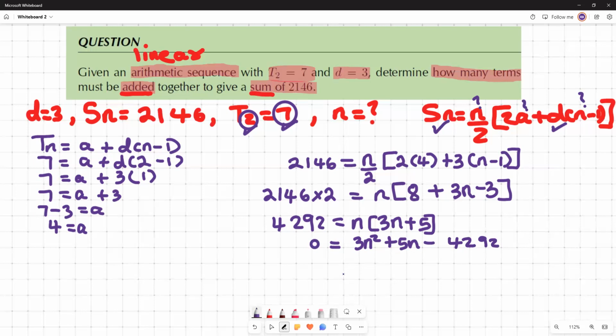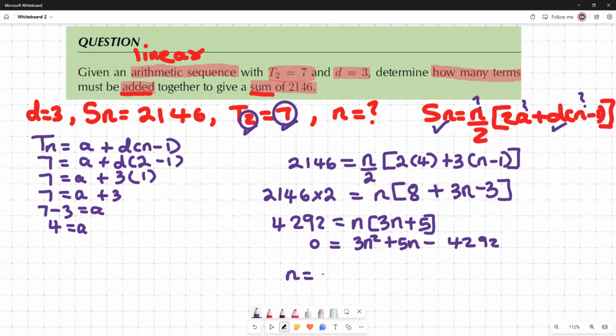At this point, I can see that now I have a quadratic equation, and if I have a quadratic equation, I can solve using the quadratic formula. But because it's n, I'm not going to write x here as we usually do. I'm going to write the letter I'm looking for. I'm looking for n.